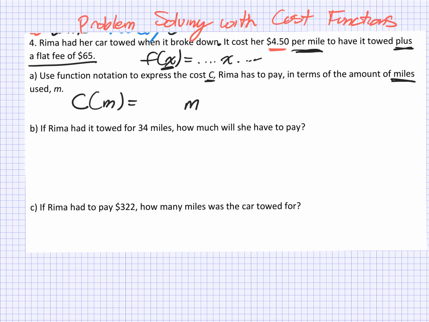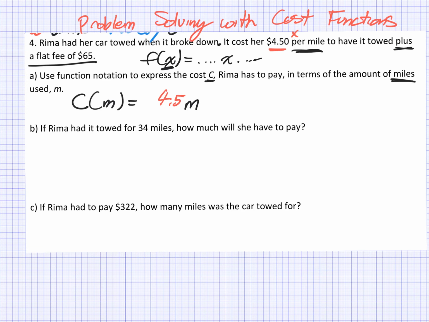And if something's costing $4.50 per mile, the operation here is multiplication. That might not be so intuitive, but anytime something's per mile, you're multiplying that unit by that rate. So in this case, the rate per mile is $4.50. We can represent that with just 4.5, and you can call it 4.5m, or 4.5 times m, okay?